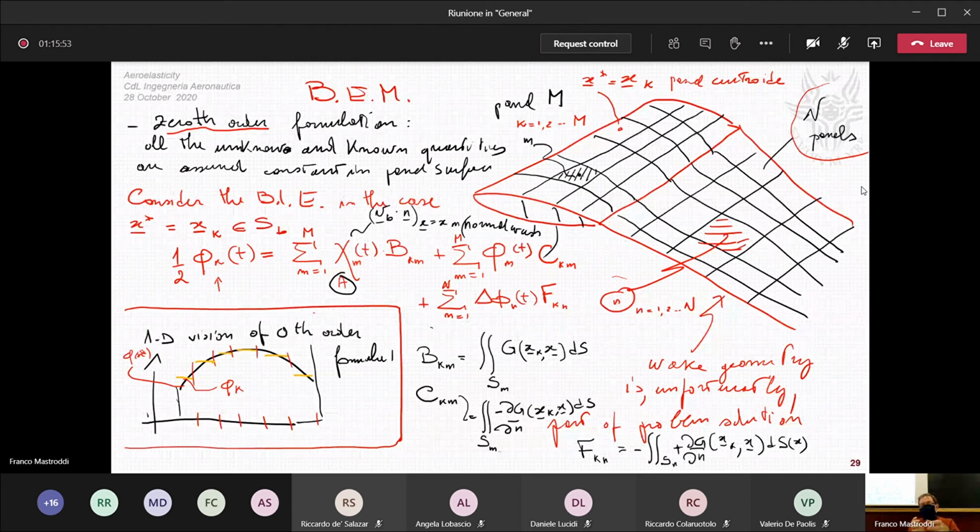So the assumption that the panel is flexible does not affect the value of the integral at all. It's just like you have an integral on the AB domain of a function. If you perturb the domain of integration A and B, small perturbation, the value of the integral does not change consistently. And therefore, we assume that the domain of integration of this integral coefficient is not varying in time.